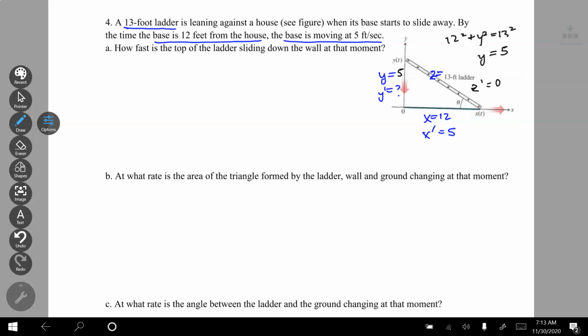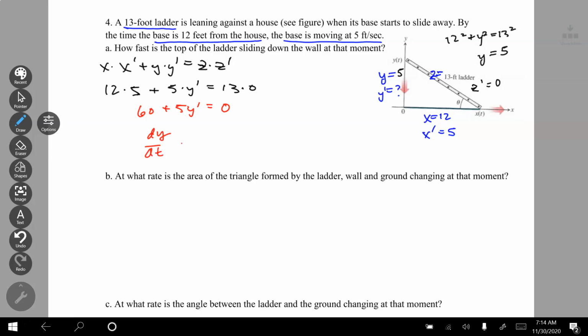It does not change. So again, x times x prime plus y times y prime is equal to z times z prime. So I get 12 times 5 plus 5 times y prime is equal to 13 times 0, or 60 plus 5y prime is equal to 0, or my ladder is falling, or y prime is negative 12 feet per second.